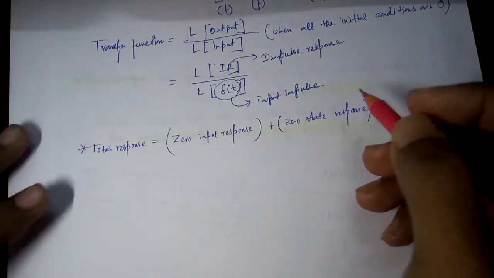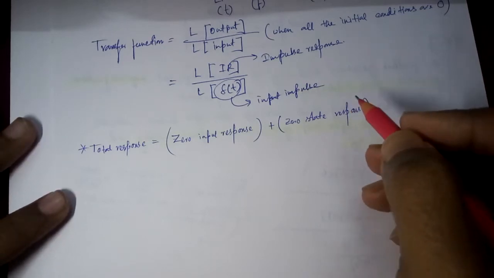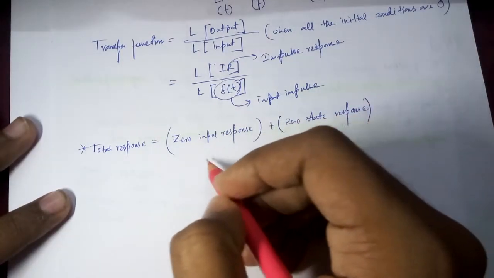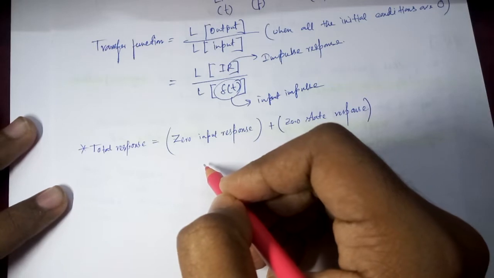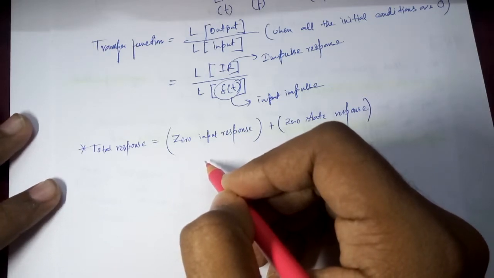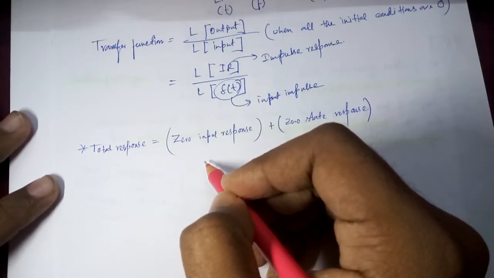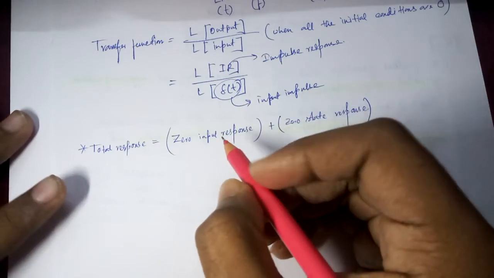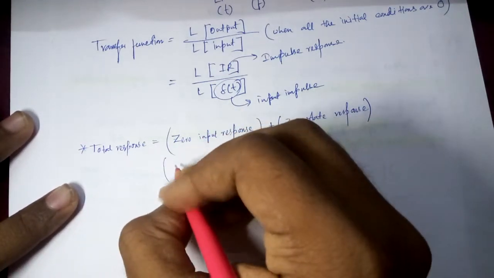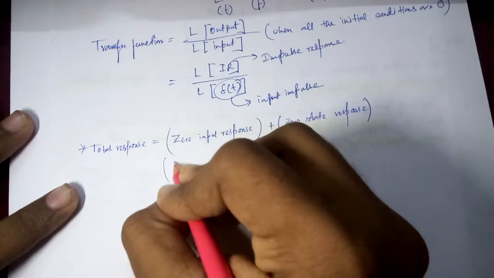I think these things have been studied in your signals and systems, but I am telling this one more time: zero input response means the response due to zero input. I am explaining these points one by one, don't worry.